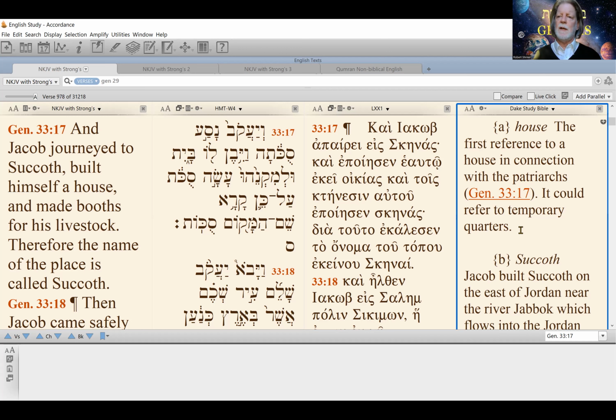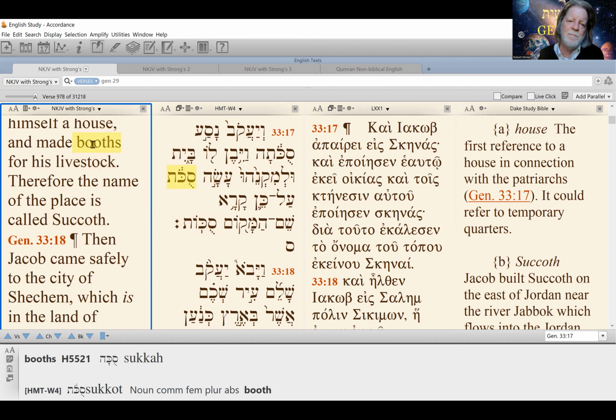But further down south, now up around Sukkot and Shechem, it's more green up there. So he would be able to build a house there and not just wander from place to place in tents. And in fact, Sukkot means tent, but it's called that because of the booths, the Sukkot.